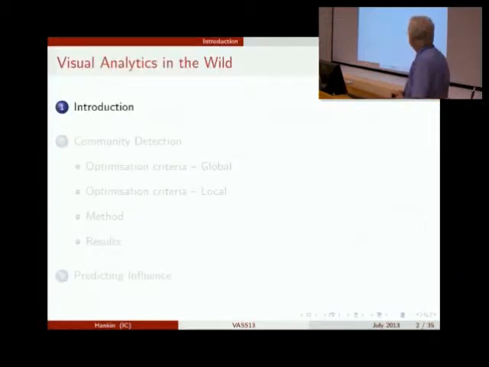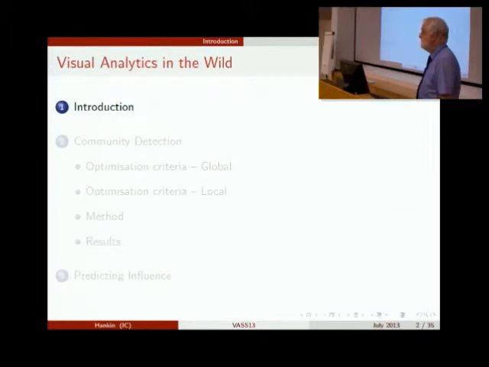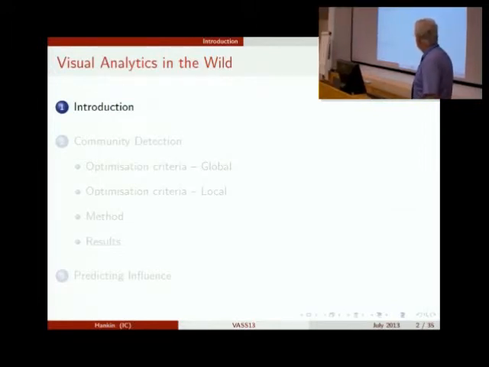So what I'm going to do is give some introductory material. I'm then going to spend most of my presentation talking about community detection, and then finally I want to talk about predicting influence.